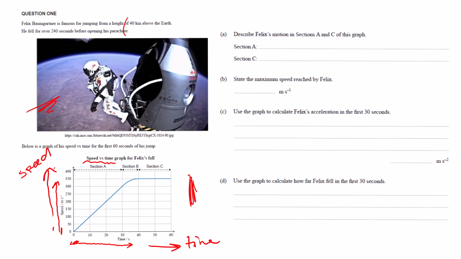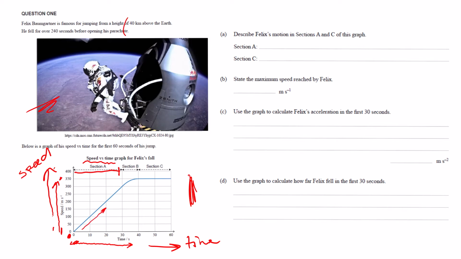1. Describe Felix's motion in section A and C of the graph. So section A, this first section here, we can see he's gone from 0 up to 350 meters per second, and his speed is increasing at a regular rate.